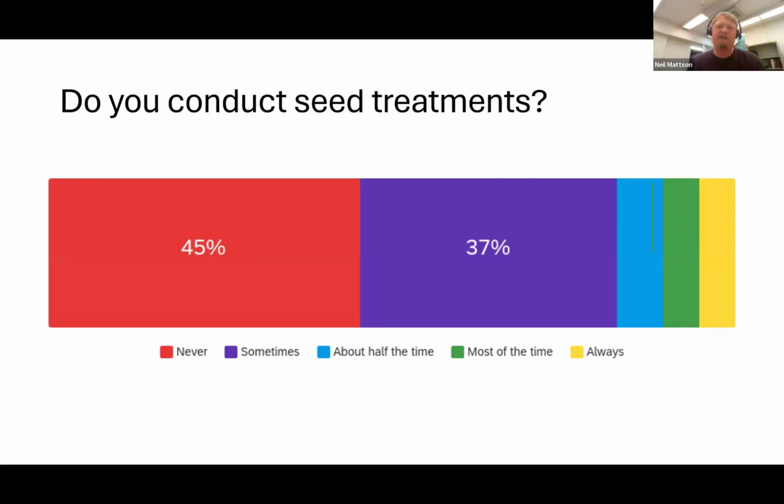And then we asked if they conduct seed treatments to try to solve these seed germination issues. 45% say never, 37% say sometimes, and then there were these smaller categories of about half the time, most of the time, and always.